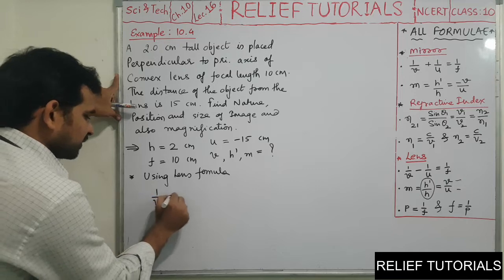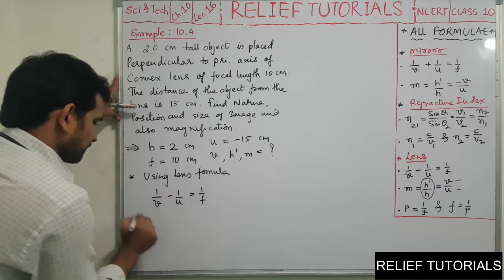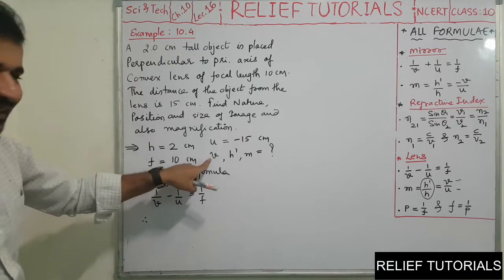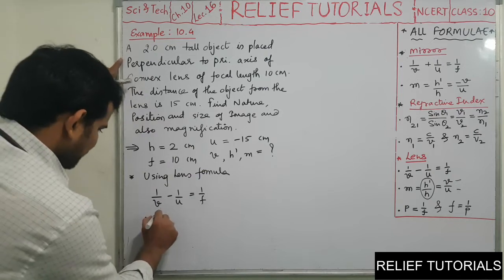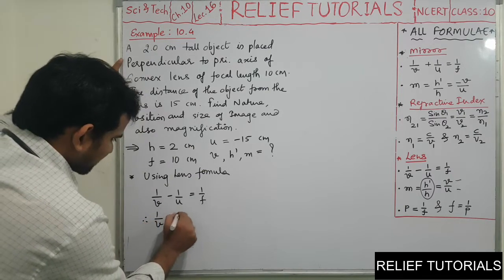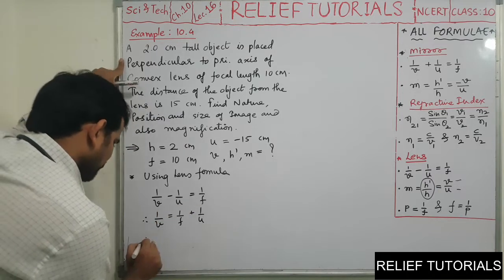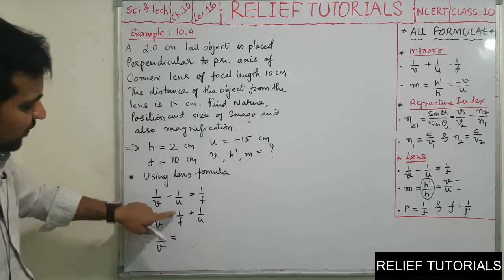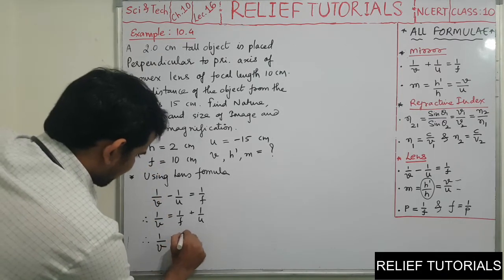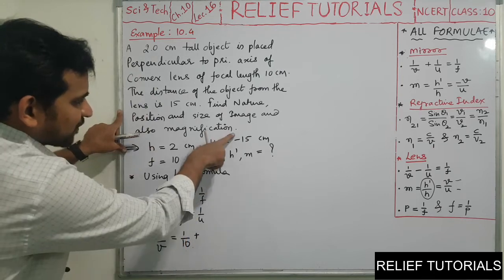1 by v minus 1 by u is equal to 1 by f. What is missing here? v is missing, so take this minus 1 by u to the right hand side. So it will be 1 by v is equal to 1 by f plus 1 by u. Therefore 1 by v is equal to 1 by f, which means 1 by 10, plus 1 by u, which means 1 by minus 15.